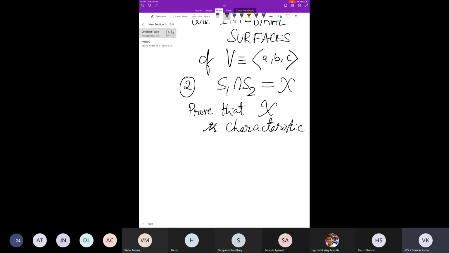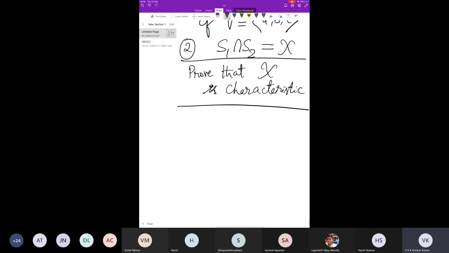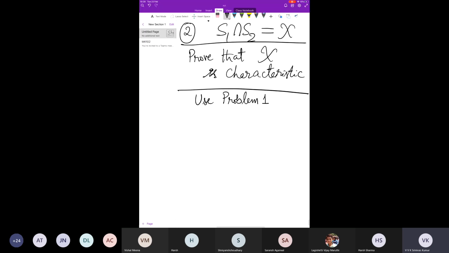So if you take any two integral surfaces, then their intersection is always a characteristic curve. That is the conclusion of this. Prove that chi is characteristic. Okay, we are going to use problem 1 to prove this.